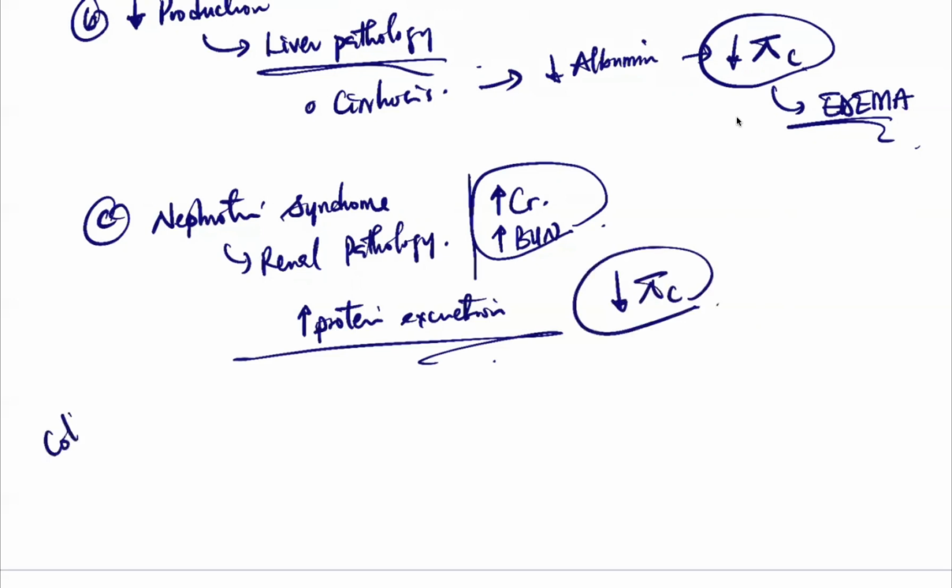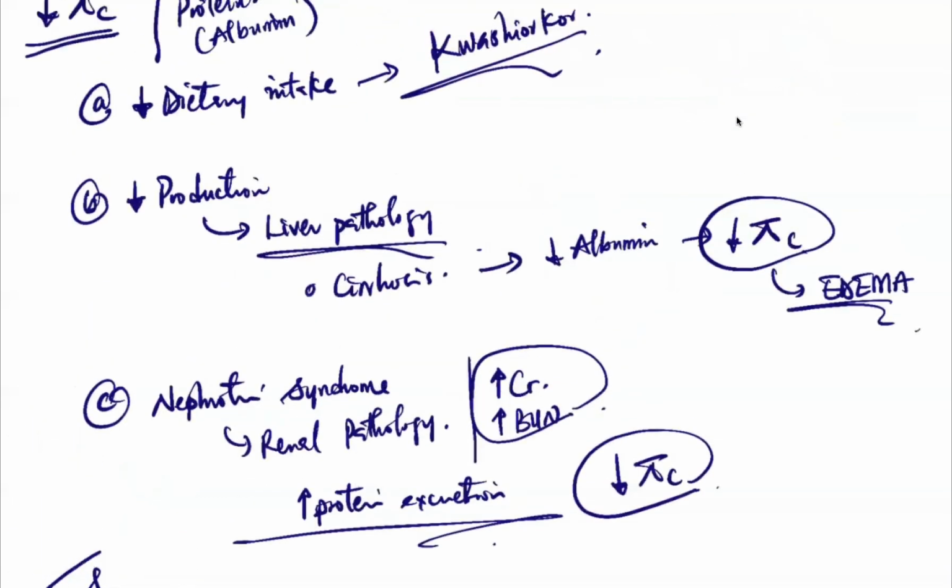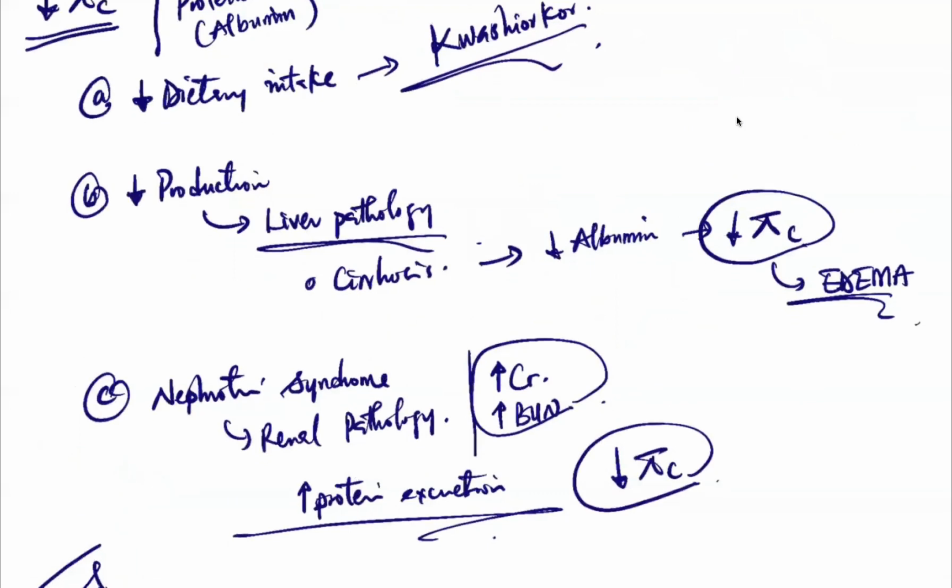Sometimes you're going to see them say colloid osmotic pressure. It's the same thing as capillary oncotic pressure. If you decrease capillary oncotic pressure, again, you're going to produce edema. Fluid will move out of the vessel. So these are the three scenarios that I think are most important for your exam.